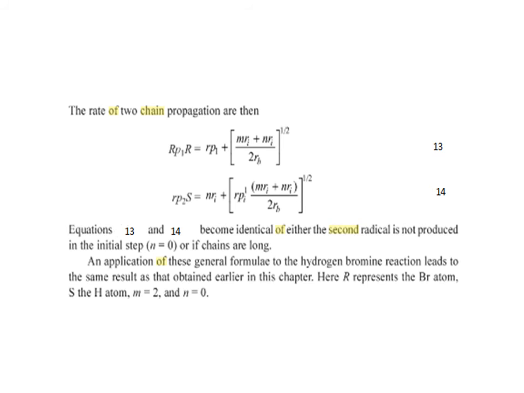This is equation number 13. And RP2S is NRI plus RP1 into the square root of (MRI plus NRI over 2RB). This is equation number 14.